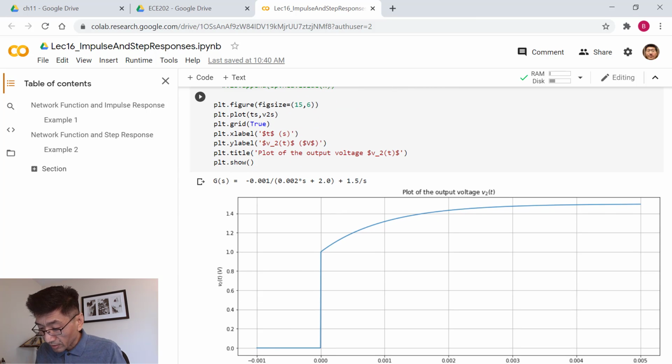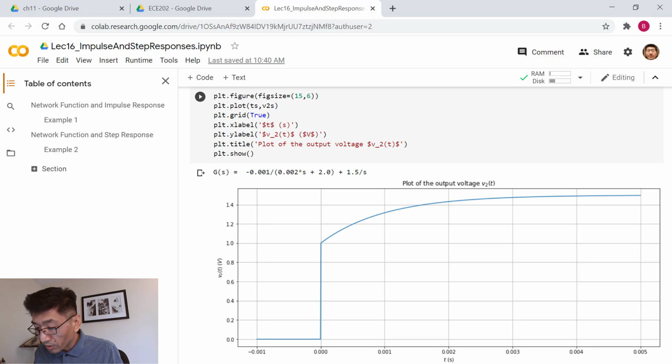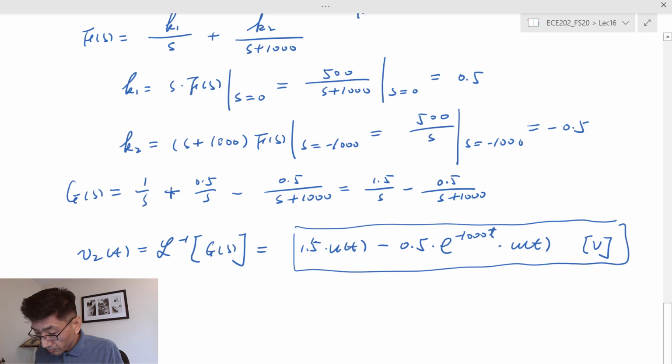So it looks like something like this. I'm plotting a little bit to the negative side, just to see the step change here. The output voltage V2 basically does a step change to 1 volt, and then gradually increases to 1.5 volts. That's actually exactly what we are having here.